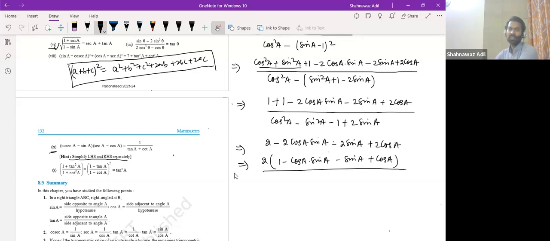Yeah. In the denominator, except the first term, all the terms are in the function of what?